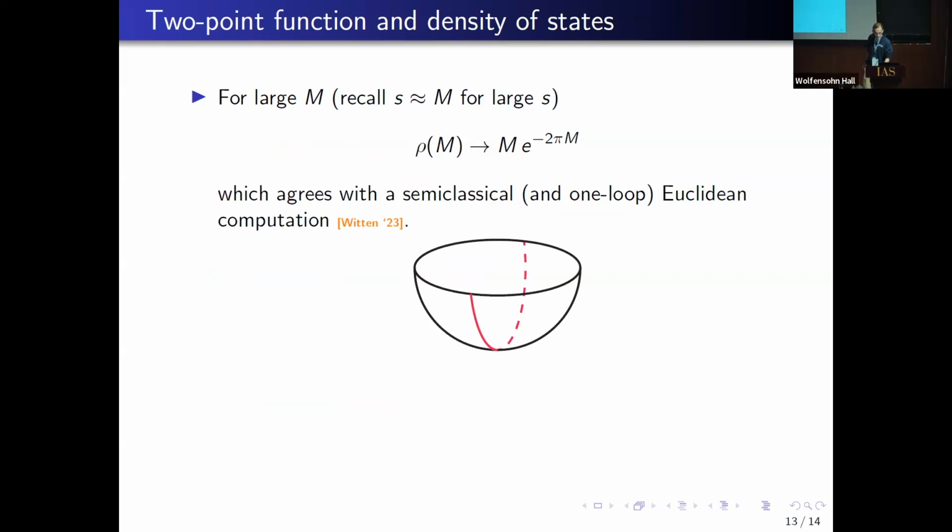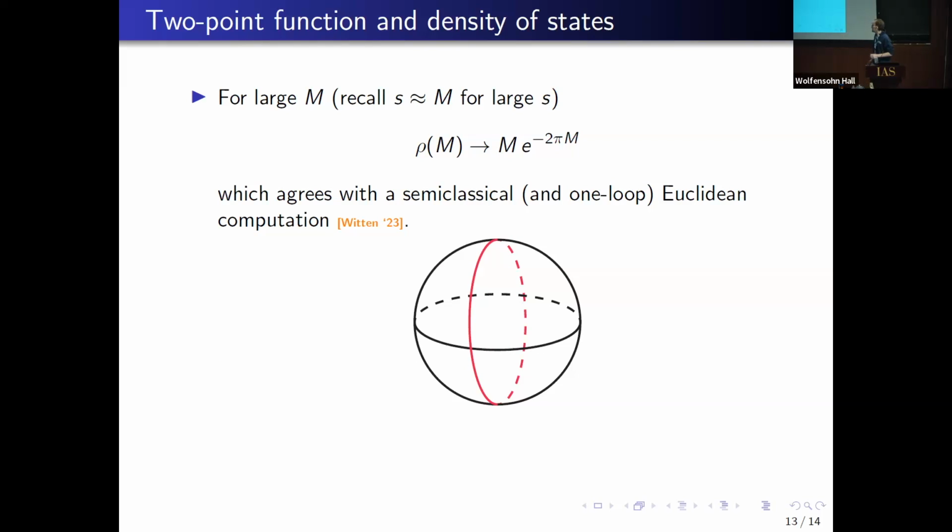And now when I take two copies of this to compute the norm of the Hartle-Hawking state, basically I get a single geodesic world line that the observers can run around. And so the Euclidean action for this geodesic is just 2 pi m. And furthermore, one can do a one-loop calculation and get the factor of m out front. And so this is an example where this Lorentzian analysis I've presented agrees with the Euclidean path integral, at least in this limit.